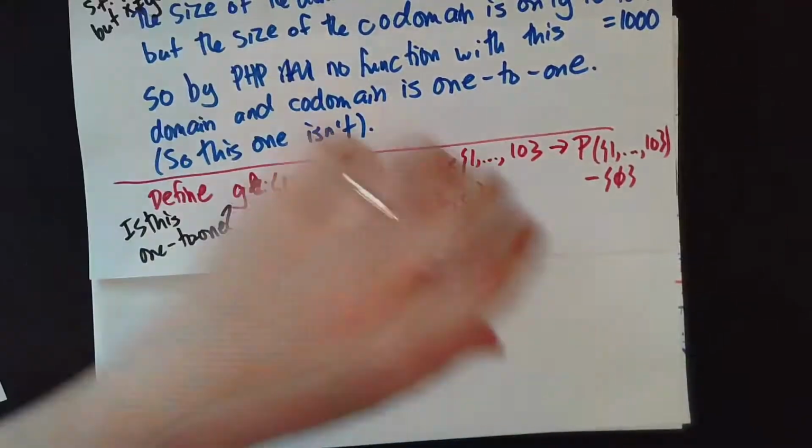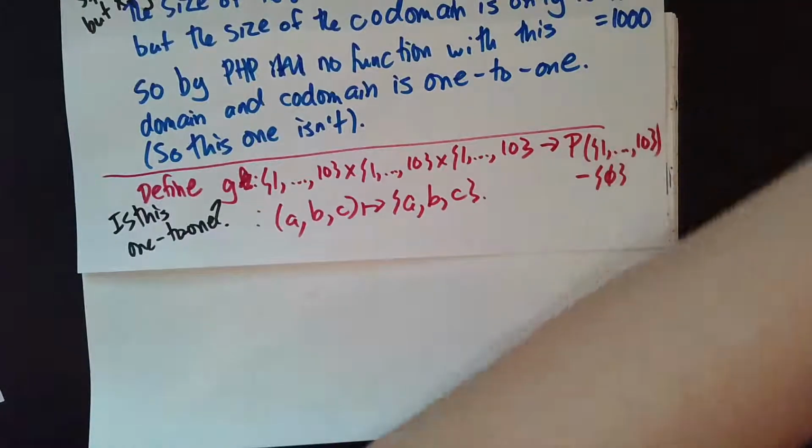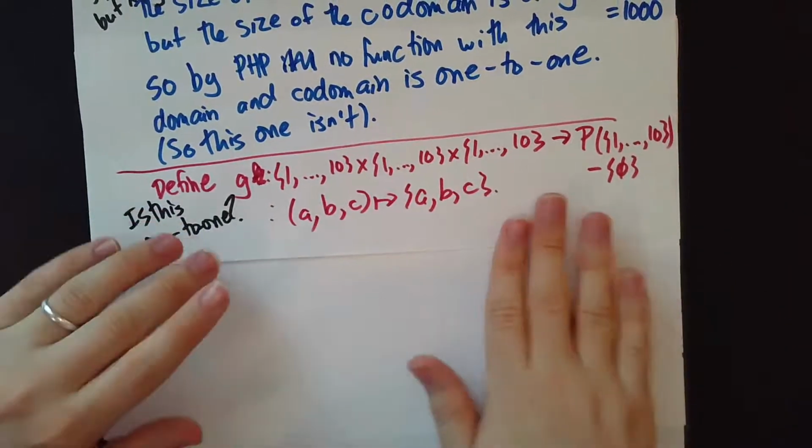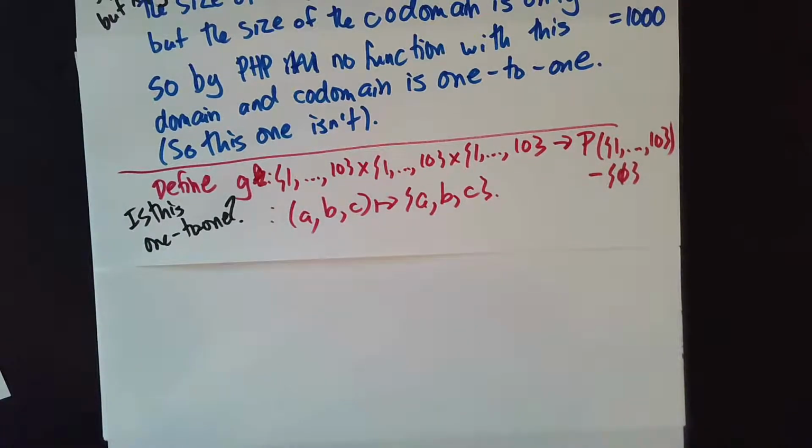I see 2 votes for no. Can we give an example of 2 things in the domain that map to the same element in the codomain, even though they're different?